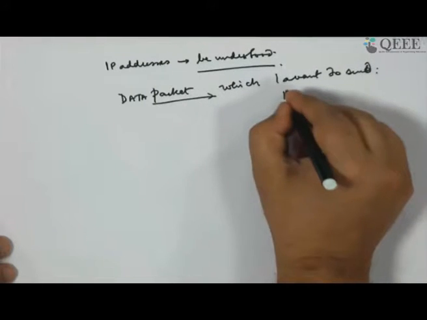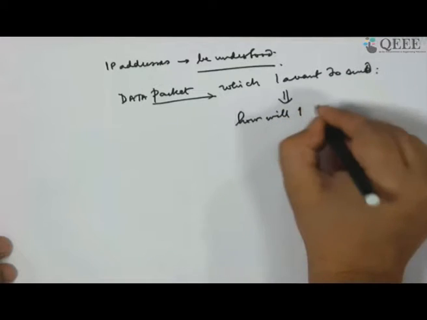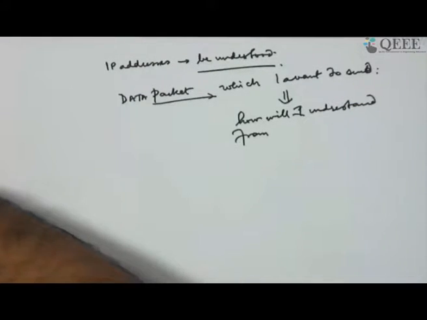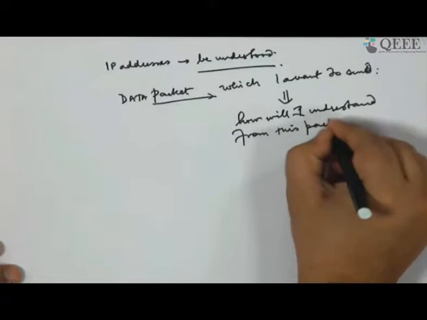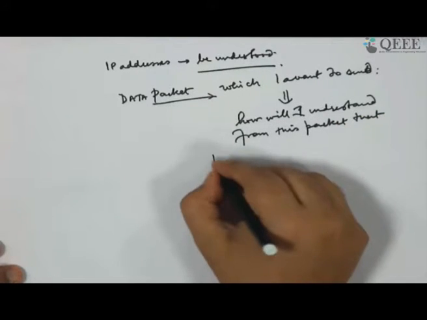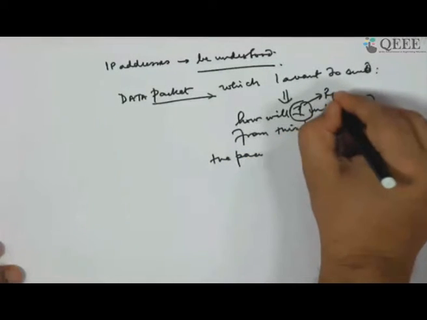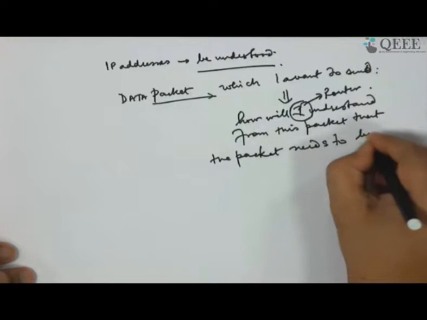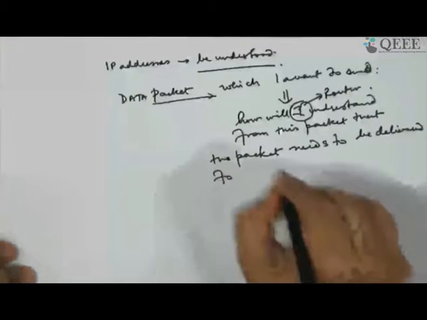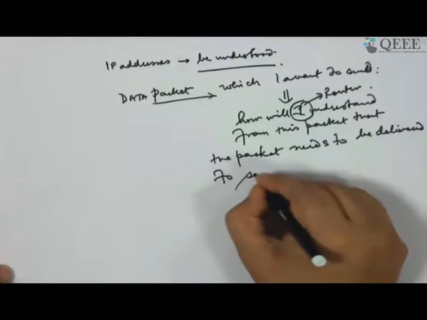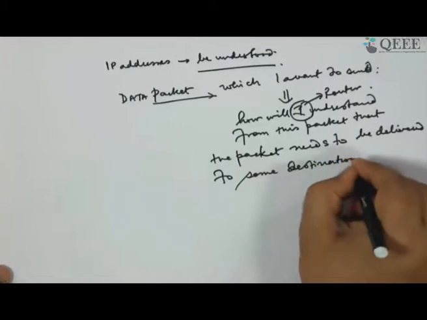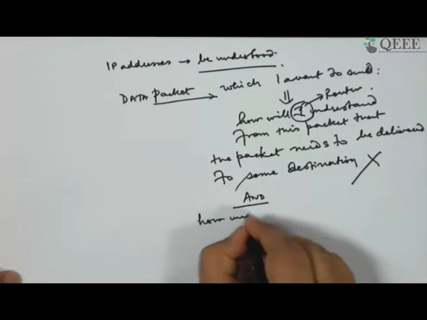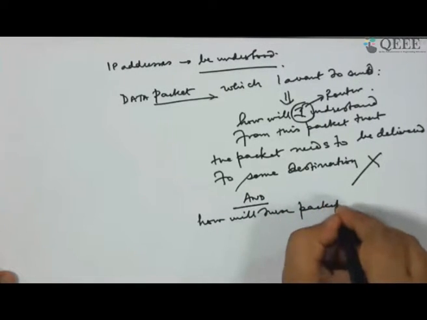How will I understand, I mean the router, from this packet that the packet needs to be delivered to some destination X?